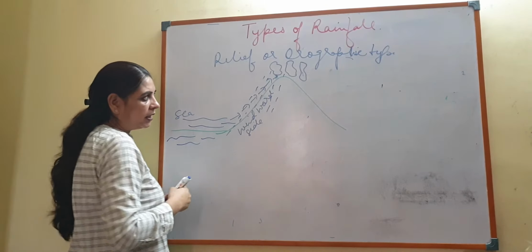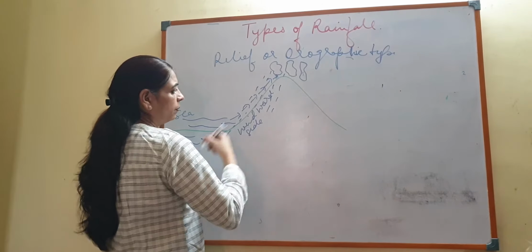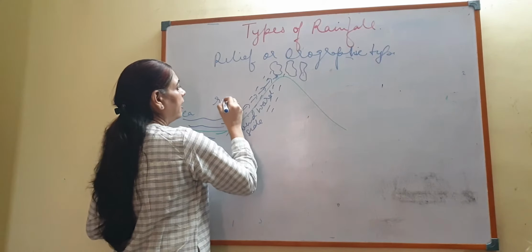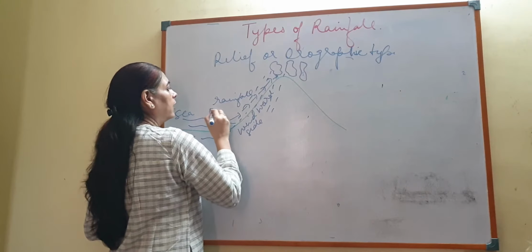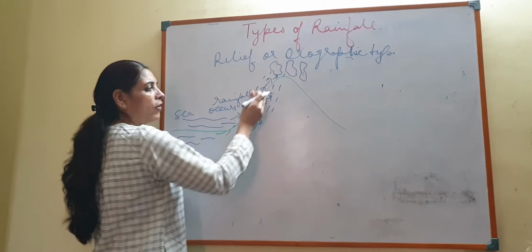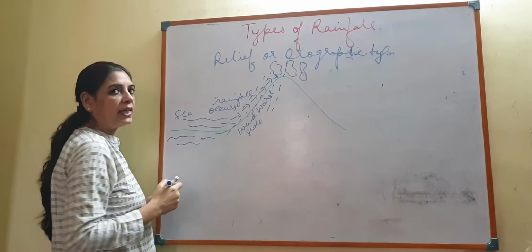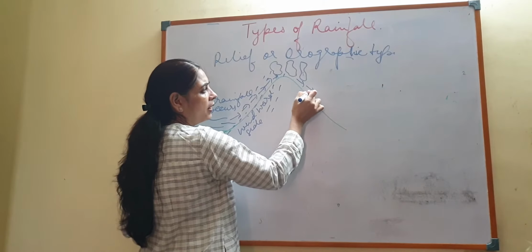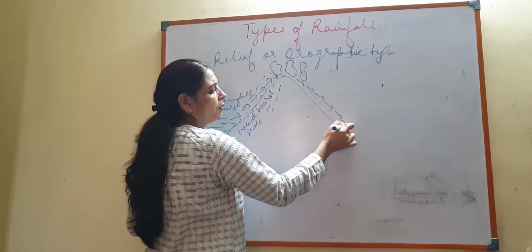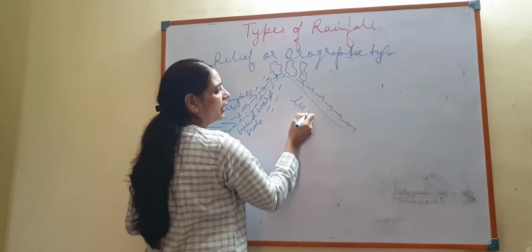Okay, so it rains on the windward side, the side that faces the sea. These winds descend down the other side of the mountains, the leeward side.